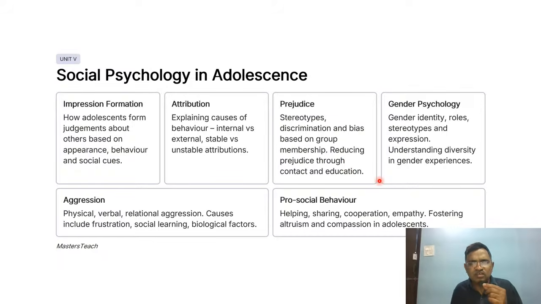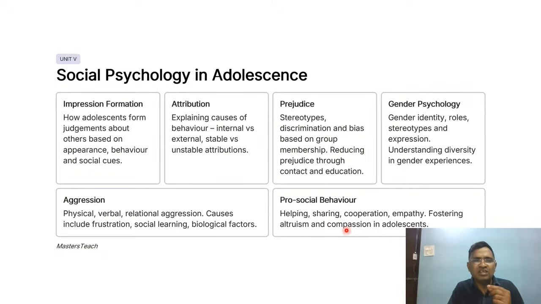Gender psychology covers gender identity, roles, stereotypes, expression, and understanding diversity in gender experiences. Then aggression includes physical, verbal, and relational aggression. Causes include frustration, social learning, and biological factors. Pro-social behavior is helping, sharing, cooperation, empathy, and fostering.